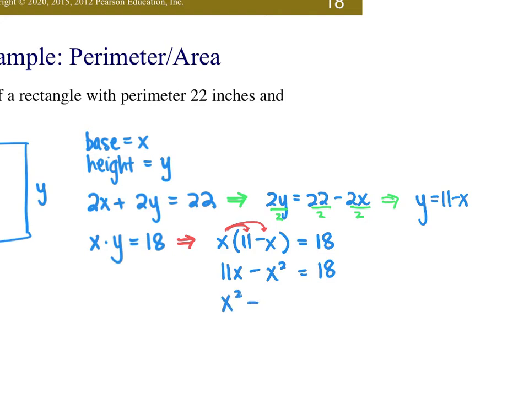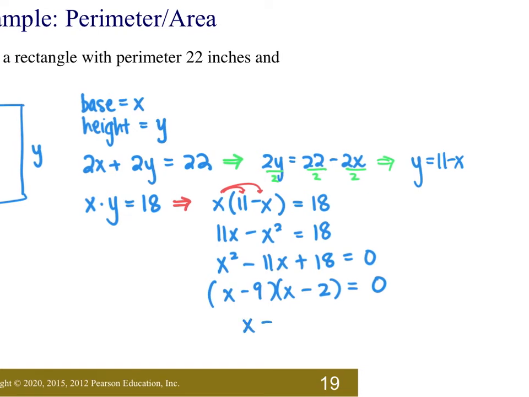And so I move pieces of the equation around so that I can factor it. Once you have it set equal to 0, you can factor. And this factors into x minus 9 and x minus 2. So x is equal to 2 and 9.